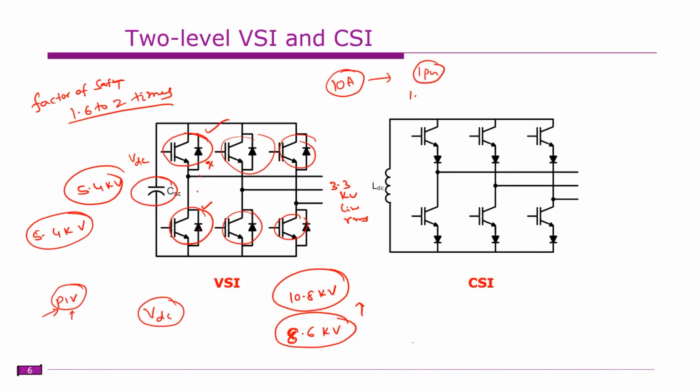But in power electronics, if the device is rated for 1.2 kV, then even for a slight variation, maybe 5 or 7 seconds, if the voltage exceeds that, the device may fail.